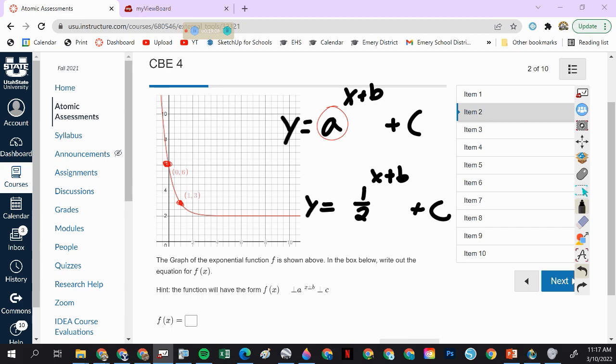We also know what c is. Where does the graph cross the y-axis? At 6. So this is 6. How do we find b?